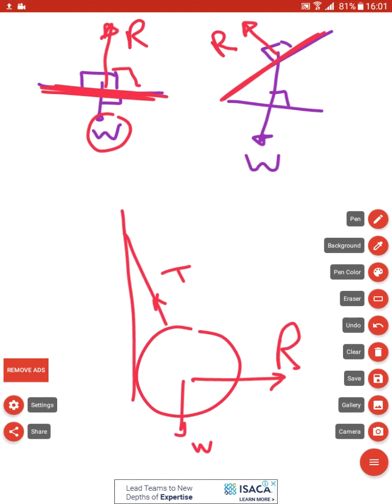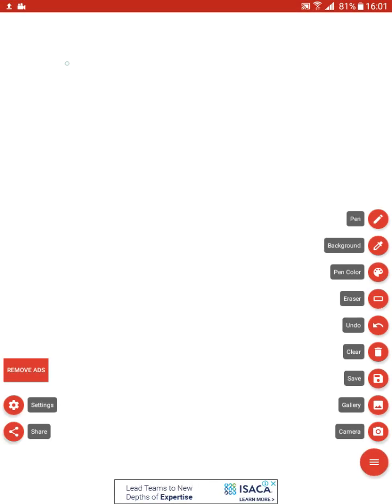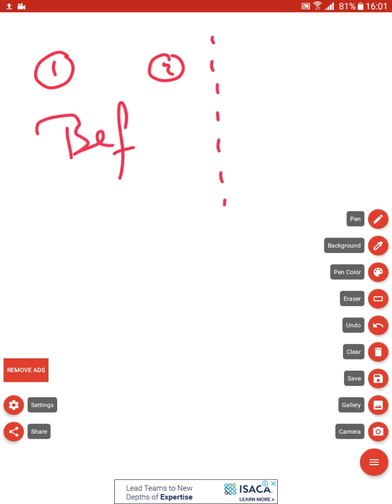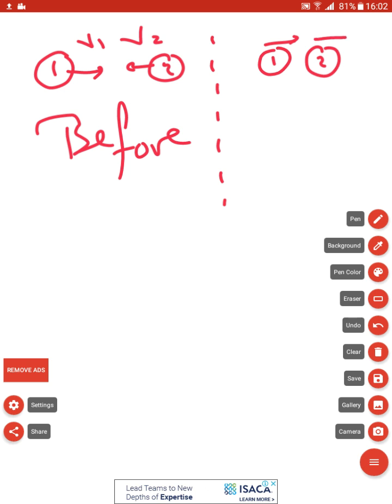This is object 1, this is object 2, before collision. This is speed 1 and this is speed 2. This is object 1 after collision and this is object 2 after collision. After collision, maybe both objects move to the right, or both move to the left, or one of these objects stops and the other continues to move in the same direction.